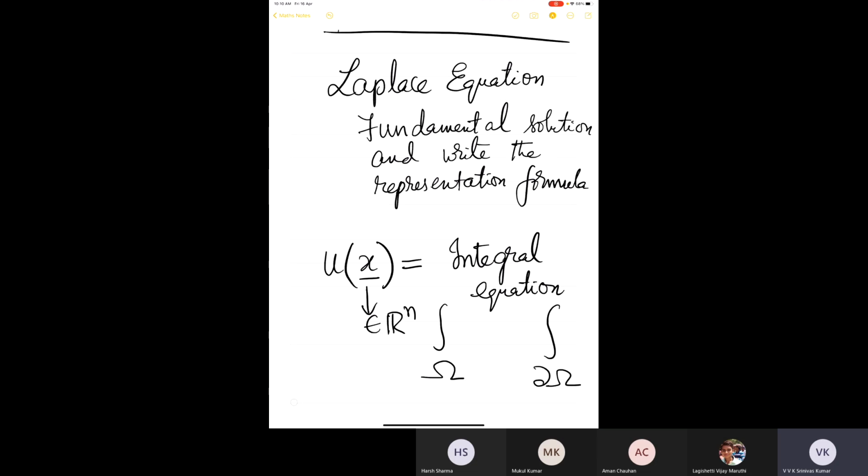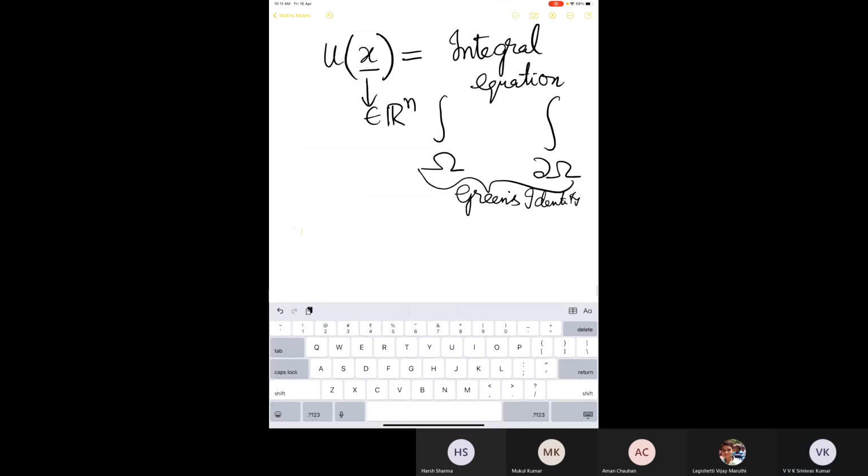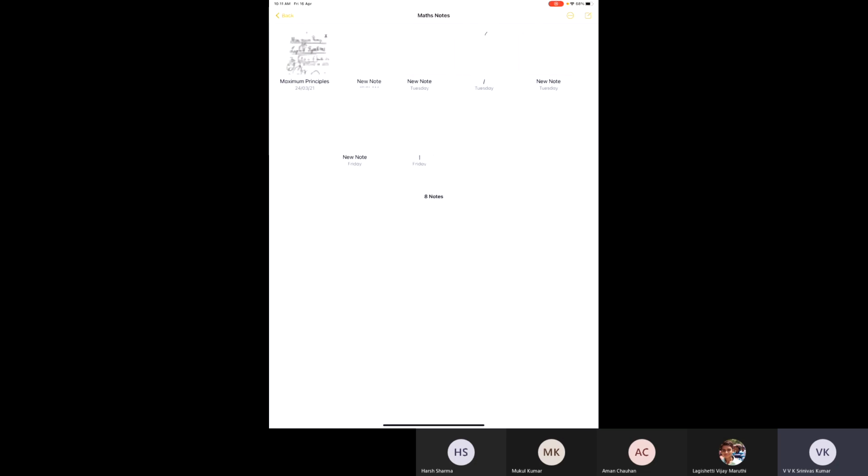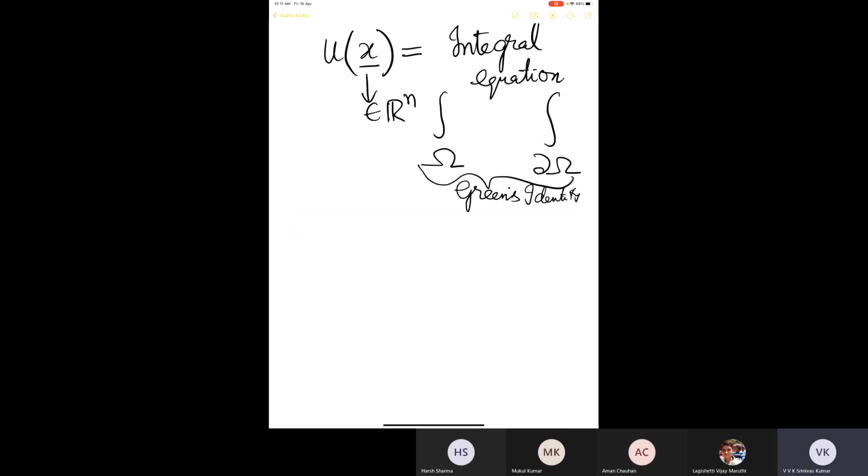Here is where we are using Green's identity. So this is called the representation formula, that is, writing u in terms of the fundamental solutions.